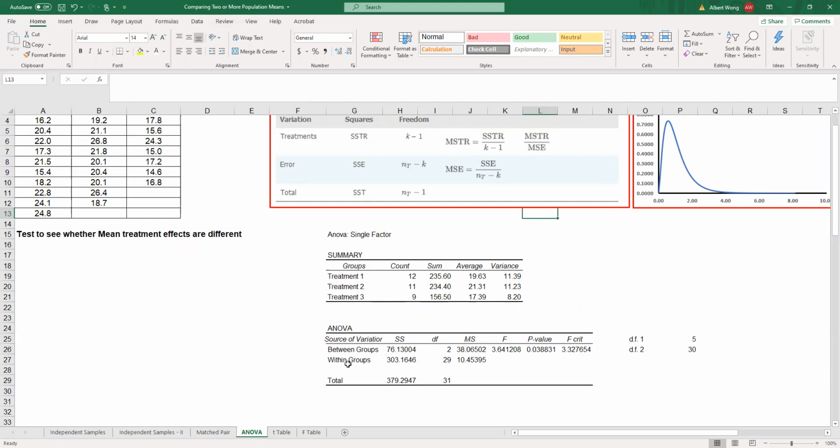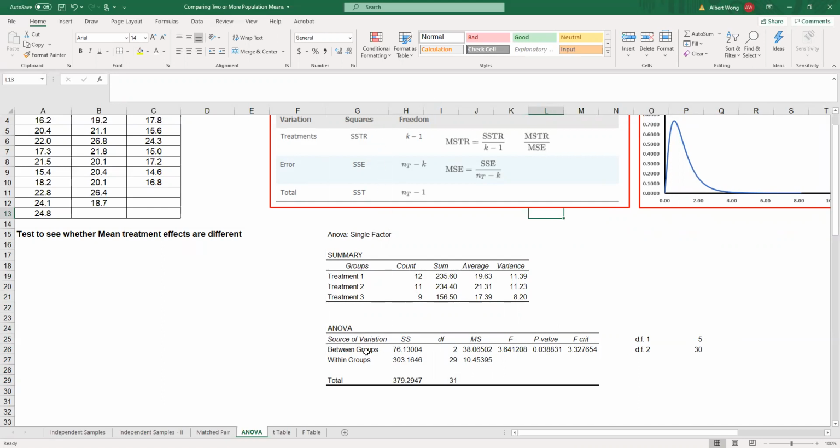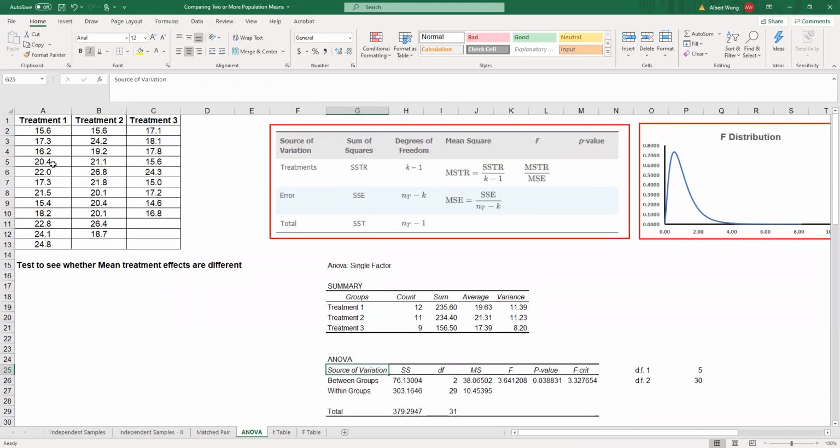The ANOVA table has the following components, right? The first column is called source of variability or source of variation. The idea is that you look at the variability between the groups or within the group. If the means are the same and if the variances are all the same, then these three samples are from the same population.